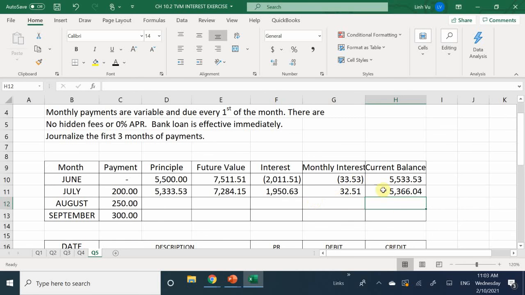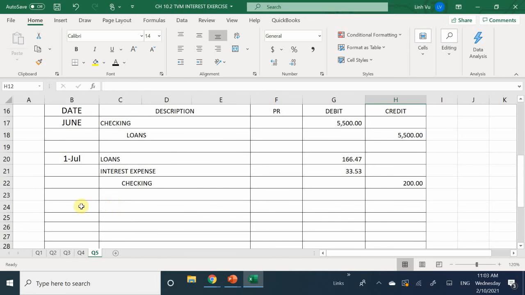Okay. So here, now that I saw that this is my new current balance, now it's August. I received this statement and I decided, you know what? I'm going to pay $250. So let's go ahead and journalize that. So on August 1st, I am now making a new payment of $250.